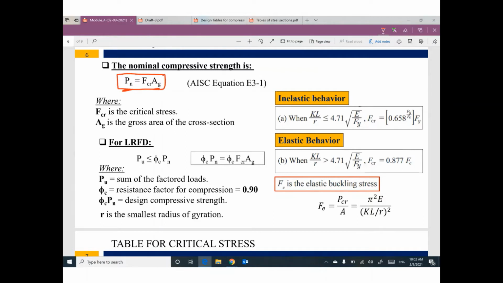By the way, we learned before, if you would like to convert this nominal design strength to a design compressive strength, you need to multiply it by phi. The value of phi for compression member is 0.9. So phi Pn equal 0.9 times Pn.